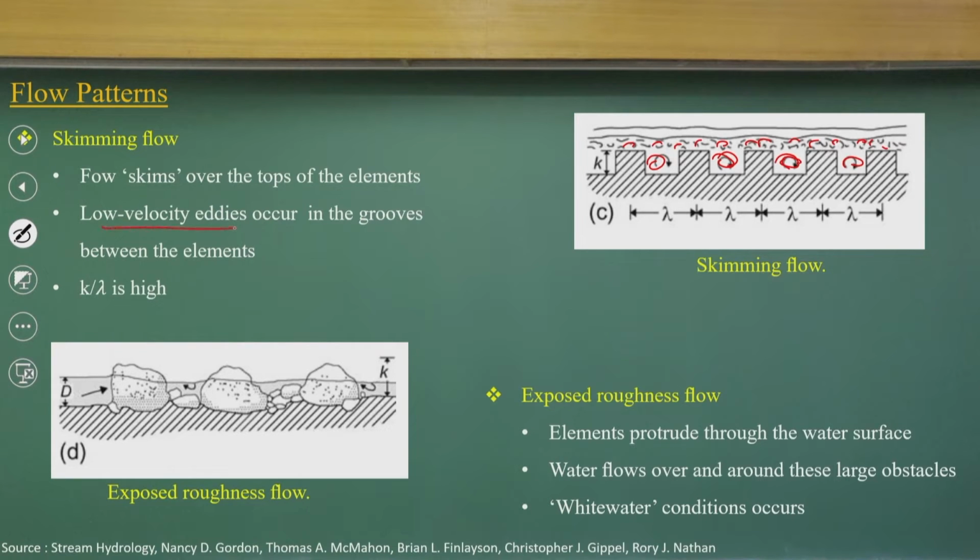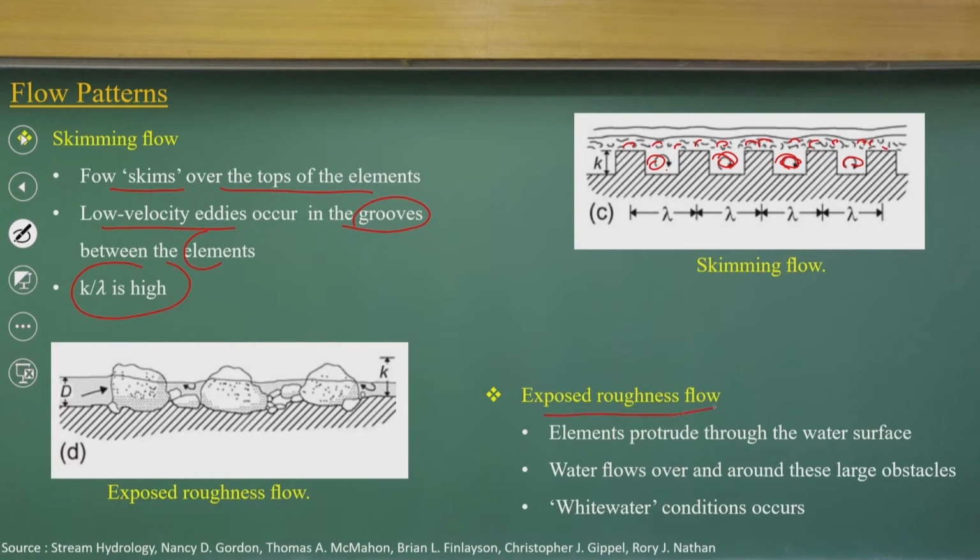There will be low velocity eddies occurring in groups between the elements, and k by lambda is high here, and the flow skims over the tops.